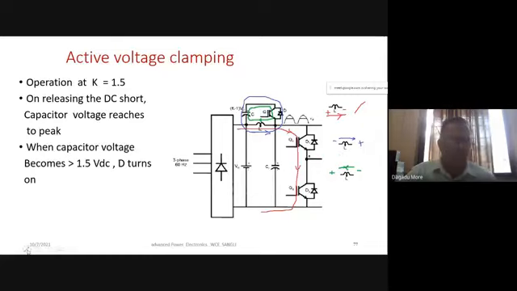So for the blue color, we have seen that our rate of rise will be decreasing, and the inductor will provide a polarity such that the right side will become positive and the left side will become negative.